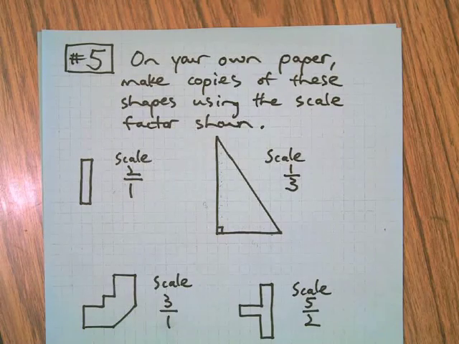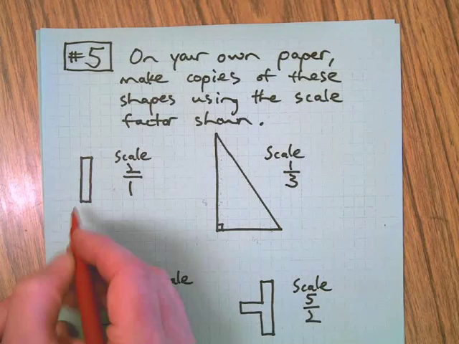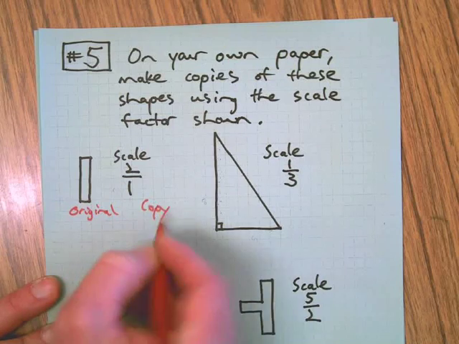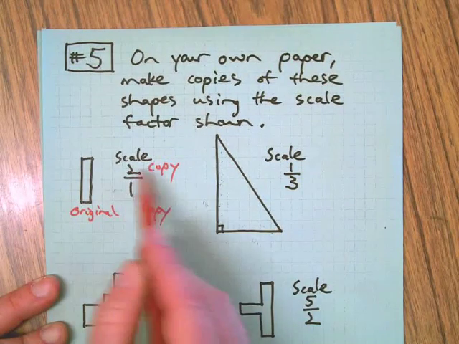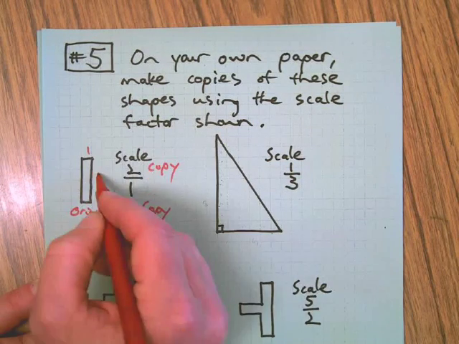On your own paper, make copies of these. So this involves drawing a scale version of something else. For example, here's our original. I need to make a copy, and my copy, which is on the top every time, needs to be 2 times the original, which means every measurement is 2 times as big.